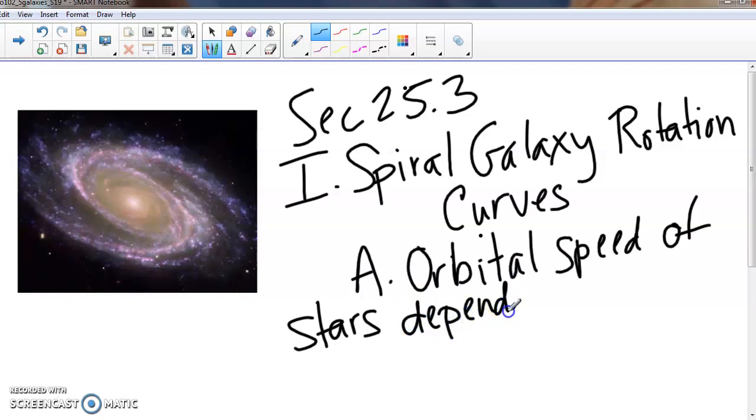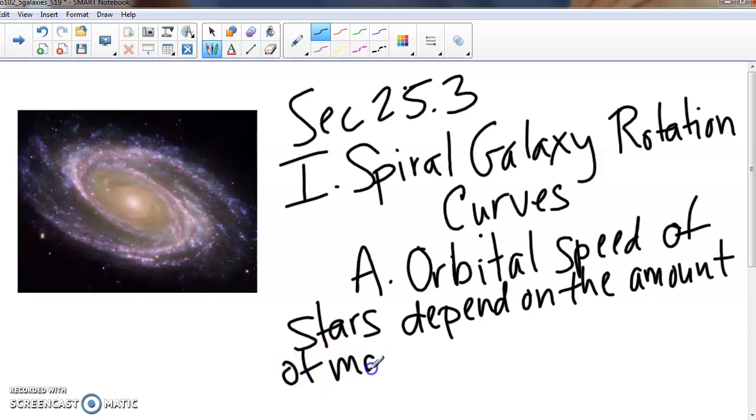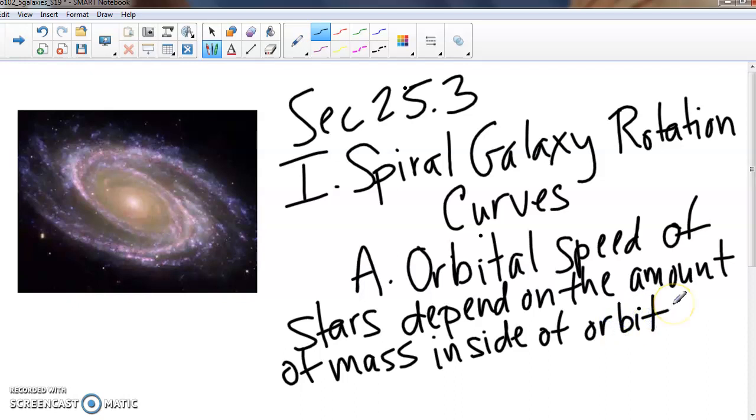They depend on the amount of stuff there is, the amount of mass inside of that orbit. So basically this is saying, where is the star in the spiral galaxy, in that rotating disk?